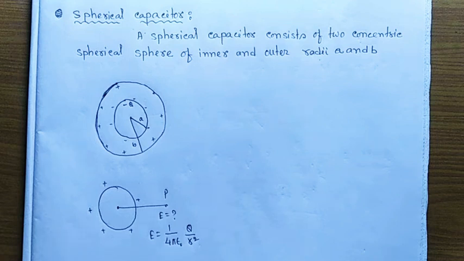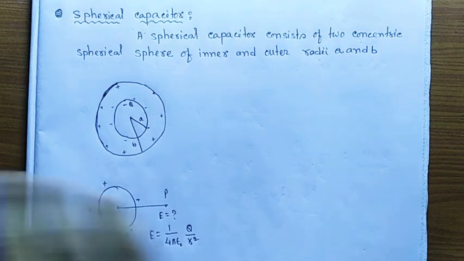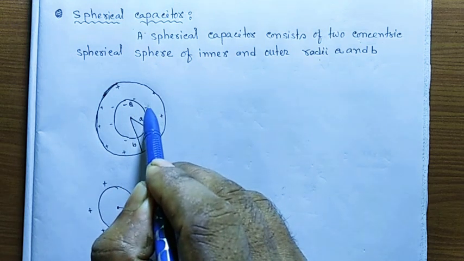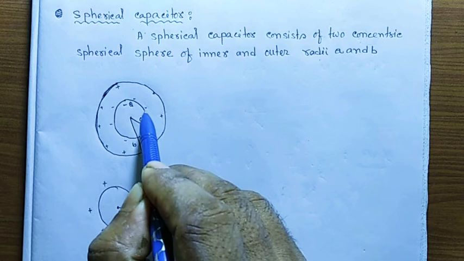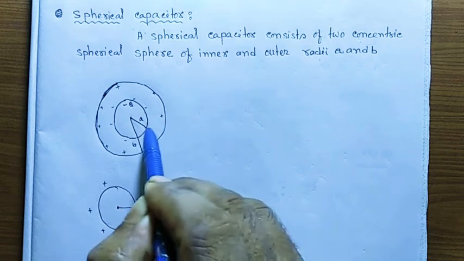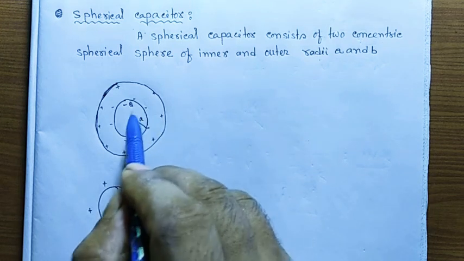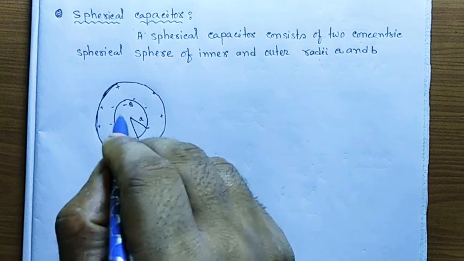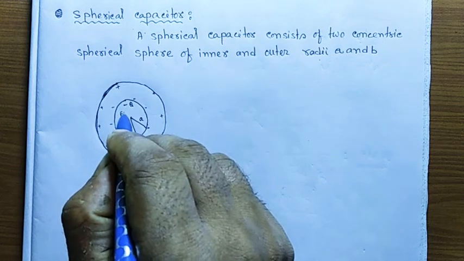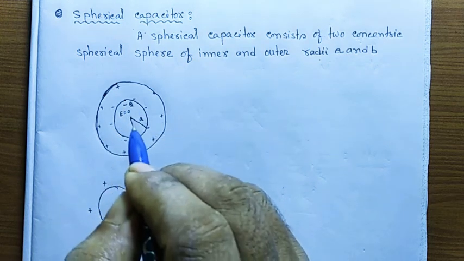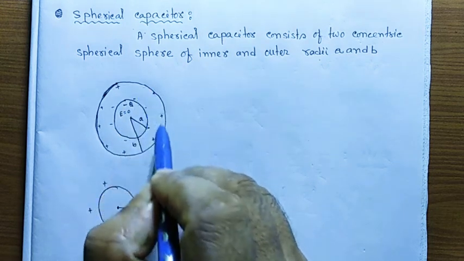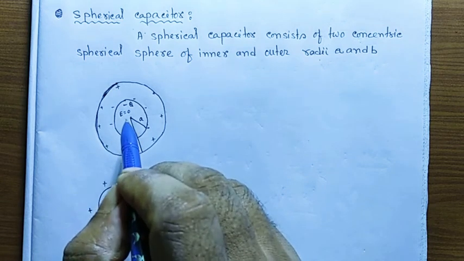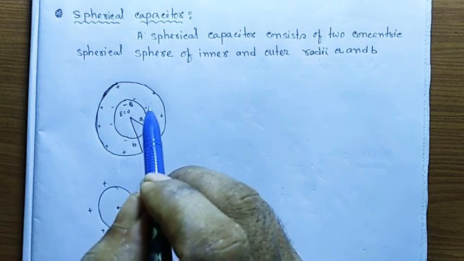So here all the electric field lines are present between these two shells, but inside the shell there is no electric field, so E is equal to 0 in between here, and the outer shell does not affect its electric field because of the electrostatic shielding.